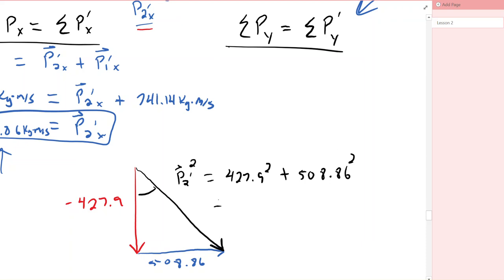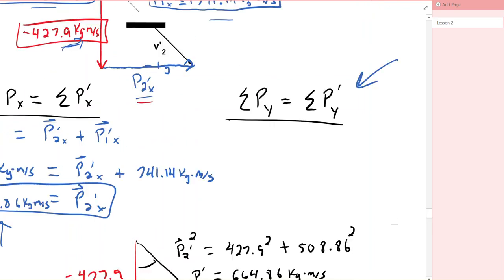So in the end, I can just say P2 after is equal to 664.86 kilograms times meters per second.